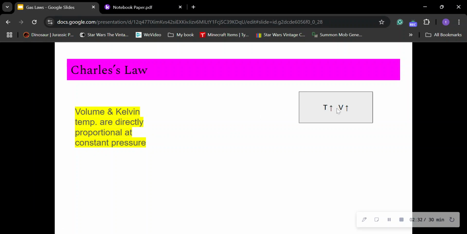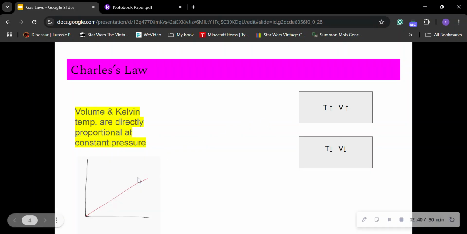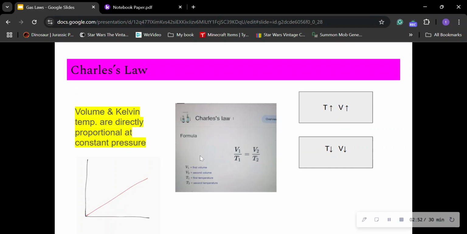For example, as temperature goes up, volume goes up, and as temperature goes down, volume goes down. And here's the graph that you would see. It's a direct relationship, directly proportional. As temperature goes up, volume goes up, direct. And here's the formula: V1 over T1 equals V2 over T2.